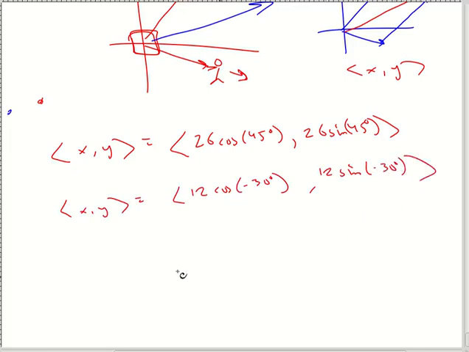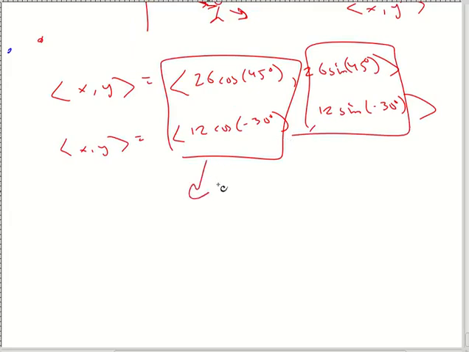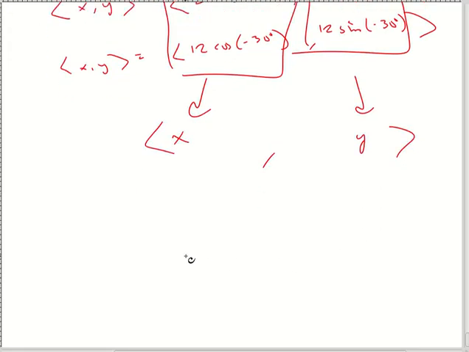Okay, I think my drawings are going sideways here. I'm going to try to remedy that a little bit. I want to add up these two together, add up those two together to get my final x and my final y. That's going to be my answer here in a second, basically. So here we go. This is going to be me adding them up.